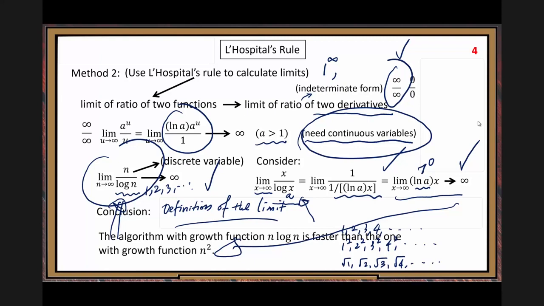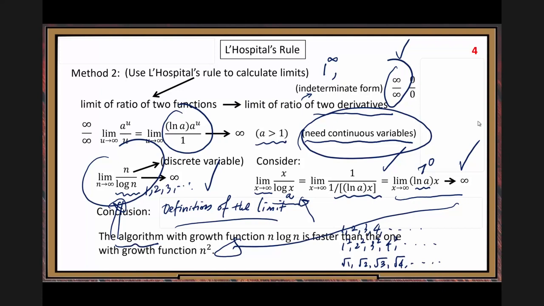But we say the algorithm is faster, not the growth function faster. So when you read statements, be careful. What are we talking about? Are we comparing algorithms or comparing growth functions? Because the answer will be different. Read the questions carefully.